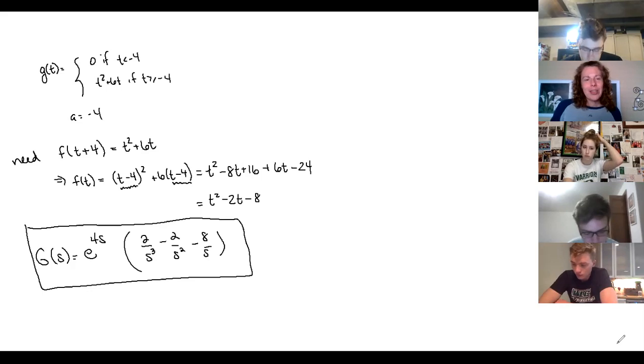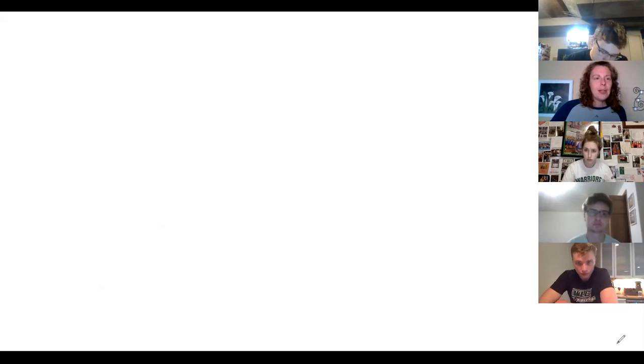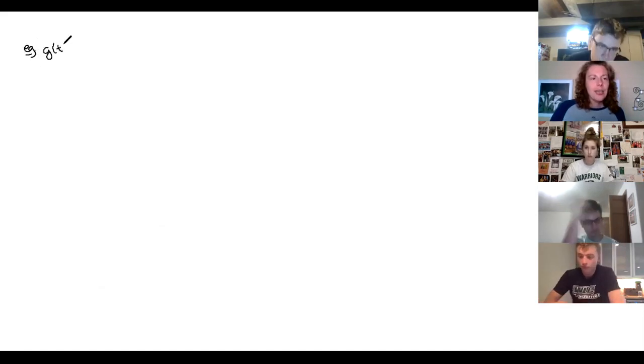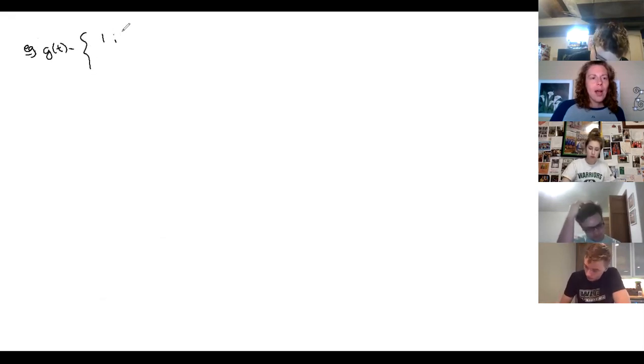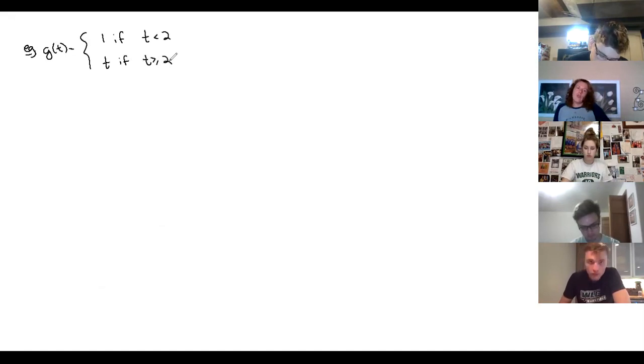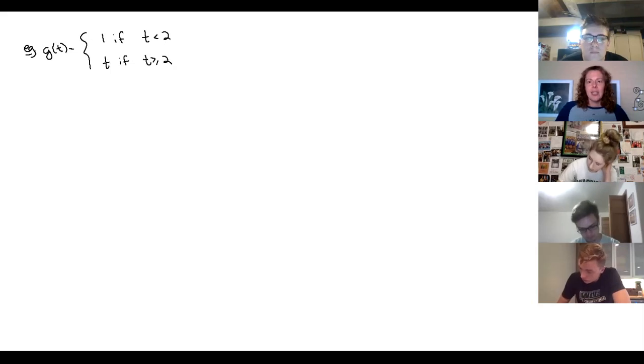Here's our next one, and it's going to get more complicated. Let's do this one. We have, for example, g of t is 1 if t is less than 2, and it is t if t is greater than or equal to 2.